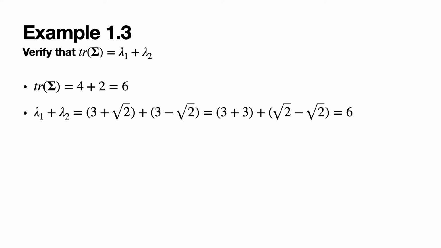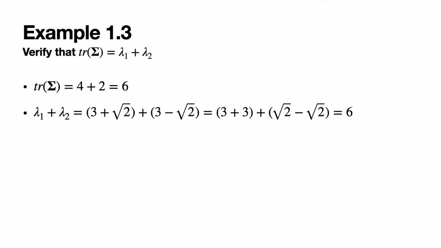Okay, next we're going to verify that the trace of cap sigma, which is the sum of its diagonal elements, is also equal to the sum of its characteristic roots. And so using the definition of the trace, again that being the sum of the diagonal entries, the diagonal entries in the matrix were 4 and 2, and so they add up to 6.